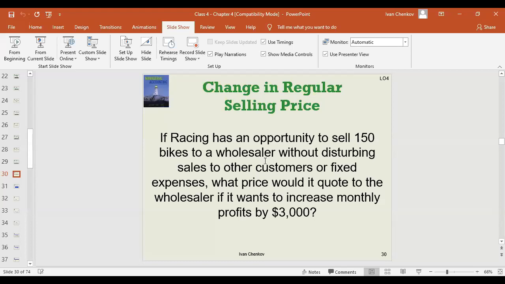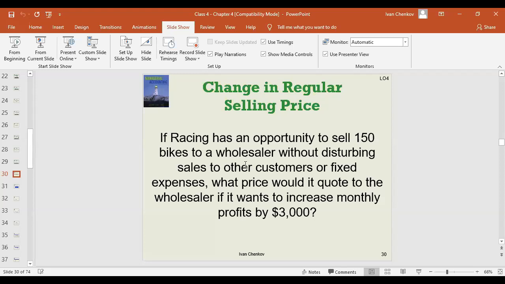If I sell the bike $20 above the variable cost, this will generate $3,000 in contribution margin. So how much should I sell him the bikes for? 320.